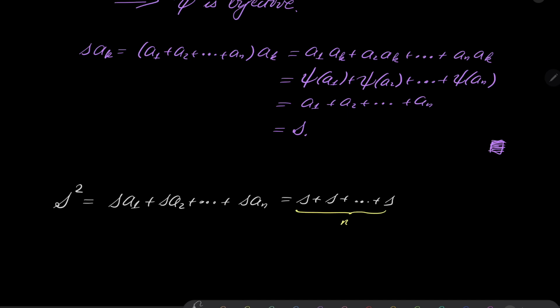So it's n times S, or maybe let's write it like that, because we know that 1 plus 1 is 0, it's either 0 or S. It's 0 if n is even, and it's S when n is odd.